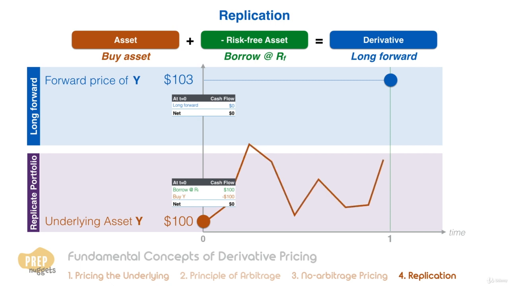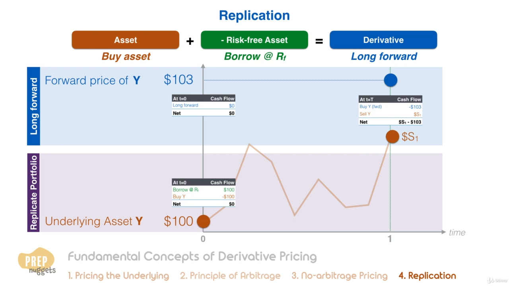At expiration, the market price of the asset is now S1. Under the forward contract, the investor has to buy the asset at $103. He can then sell the asset on the market for S1. So his net cash flow at expiration is S1 minus $103.